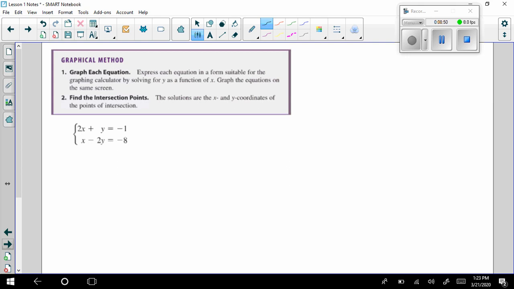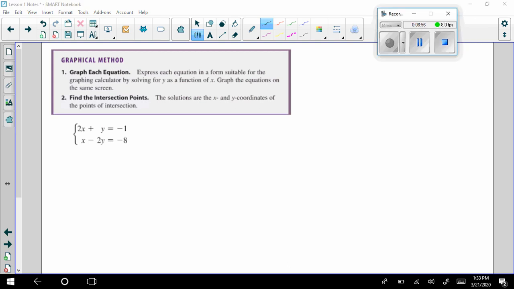All right, graphically, being able to do this on a graphing calculator. Let me pull up my simulator here. That's not pulling up, but get these so that you can graph them in your graphing calculator. So like y equals negative 2x minus 1.